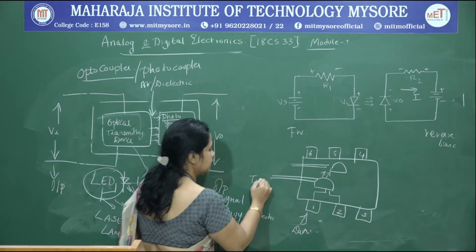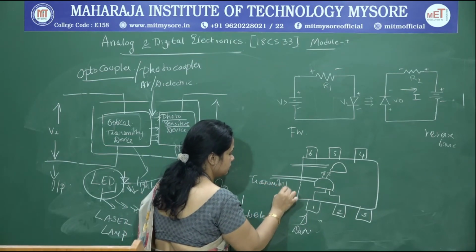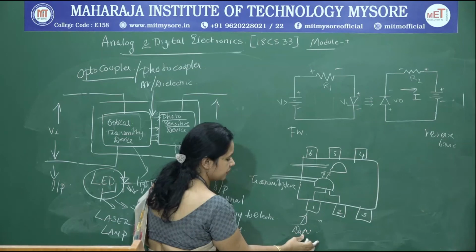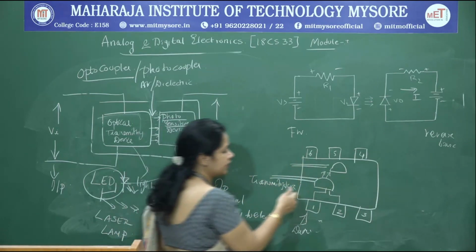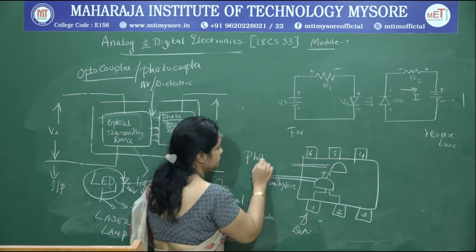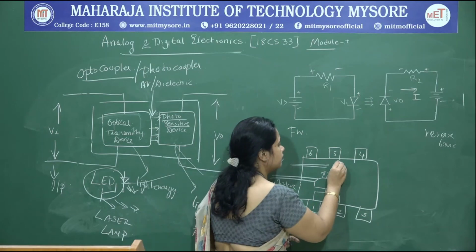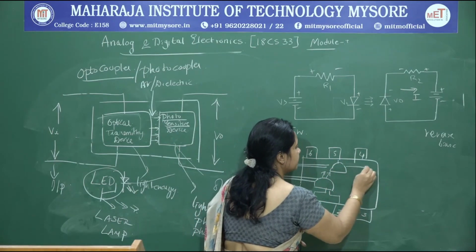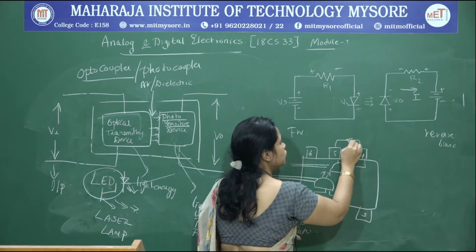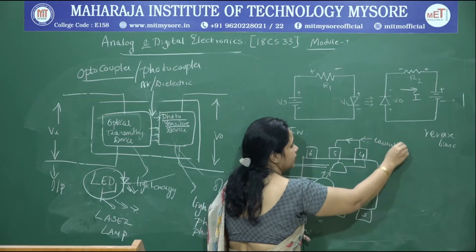So this is a photo transmitting device which picks up the electrical signal and converts it to light energy, and this is your photo sensor which senses the presence of light signal and converts it into electrical signal. As a result you have current flowing into the external circuit.